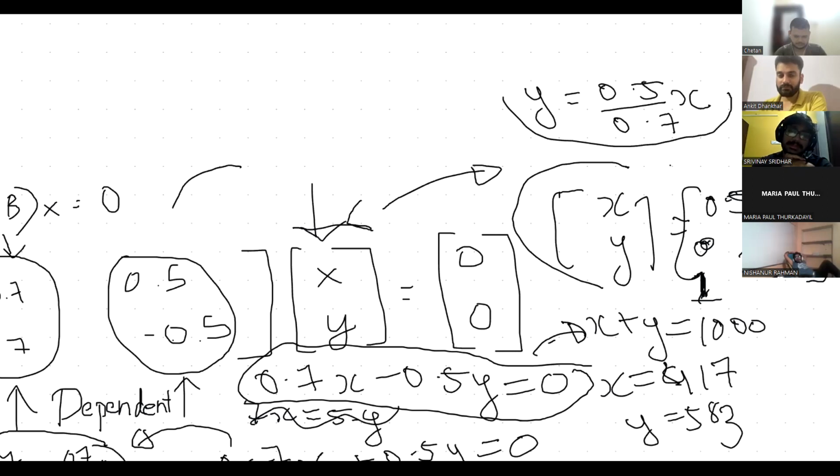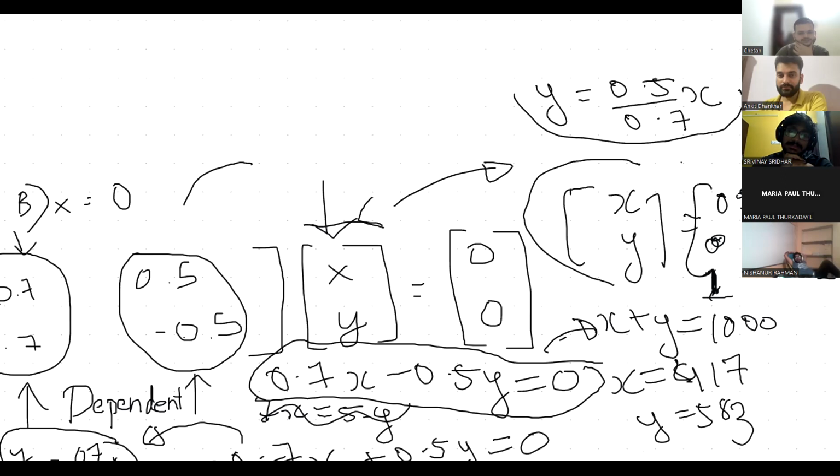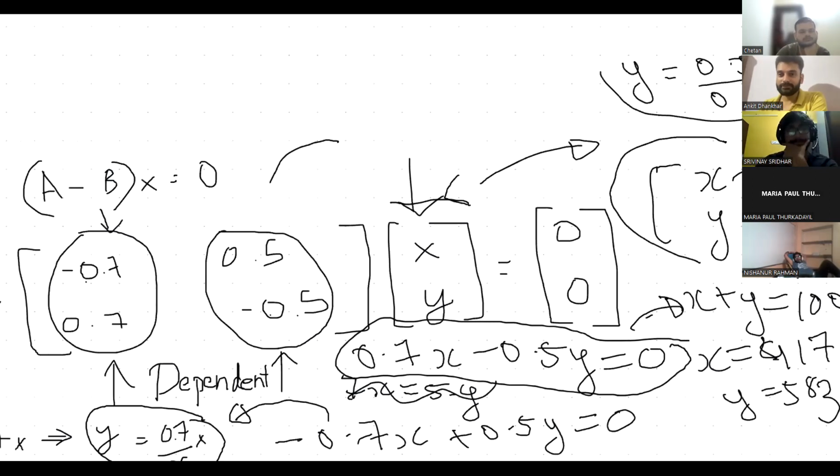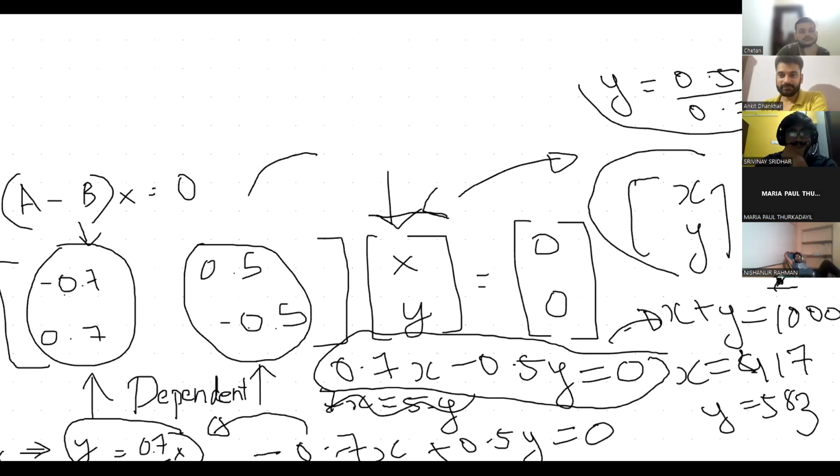I think Nishan tried it in a calculator and you'll get math error. That is the correct solution, because we only have one equation and we're trying to solve for two variables. Can I try solving this? Stop pressing. It's okay.